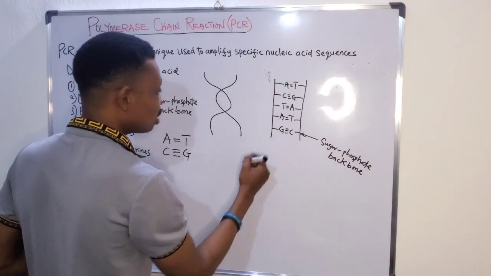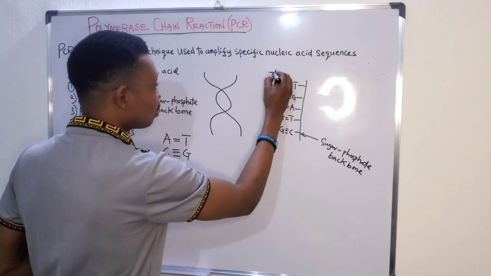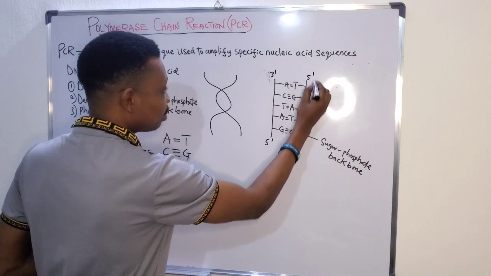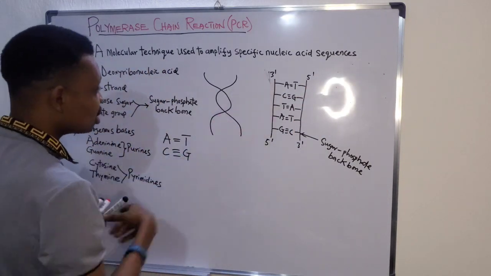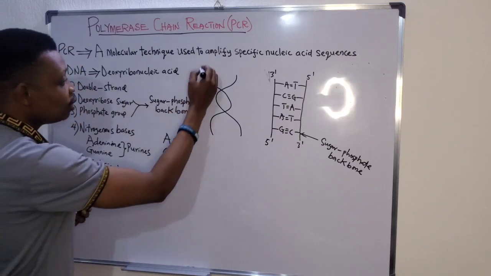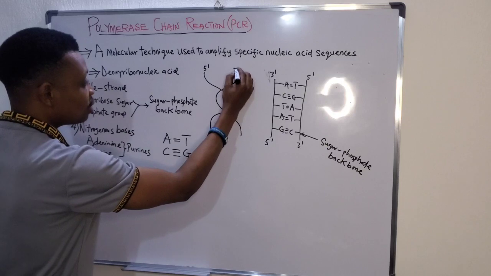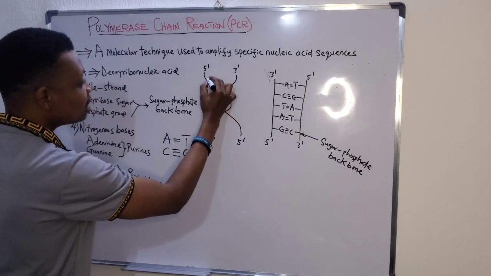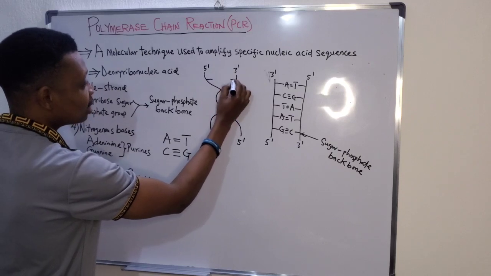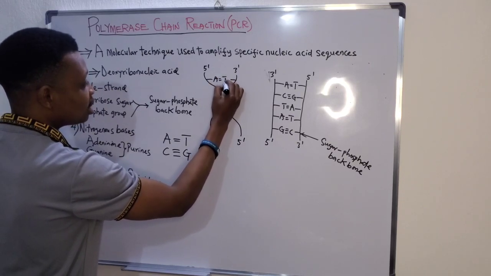We can say this is 5 prime, 3 prime, and this will be 5 prime, 3 prime. That is because both strands are complementary. So if this is 5 prime, this will be 3 prime, and if this is 3 prime, this will be 5 prime. Now, inside this double helix are the nitrogenous bases.